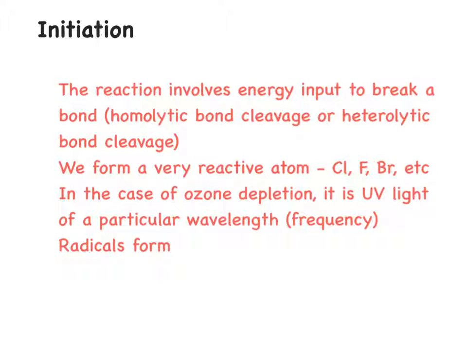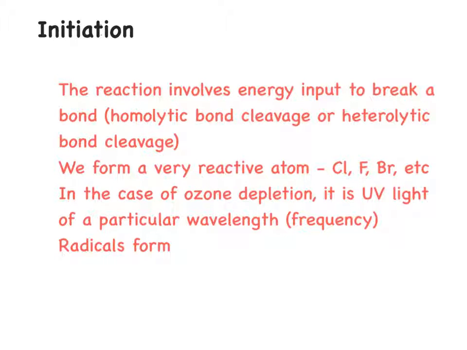So let's look at this one. It talks about initiation in terms of homolytic bond cleavage. Homolytic bond cleavage means that we have a molecule that contains two of the same atoms, like a chlorine molecule. In this case, there's an even amount of pull on it, so it's a non-polar bond, as opposed to a heterolytic bond cleavage, which would be something like the carbon-chlorine bond we saw before.